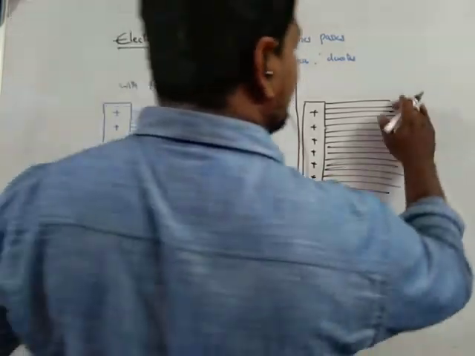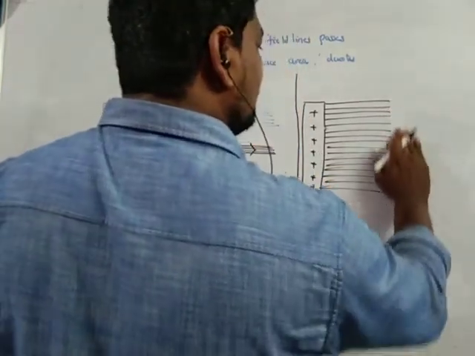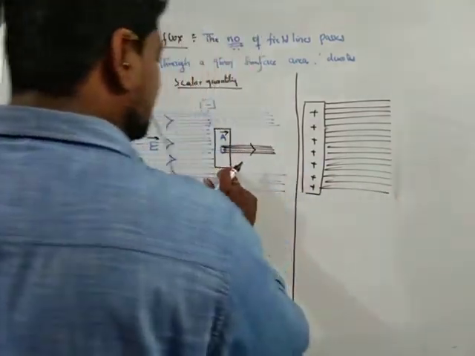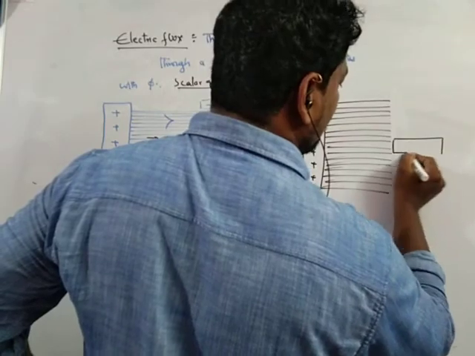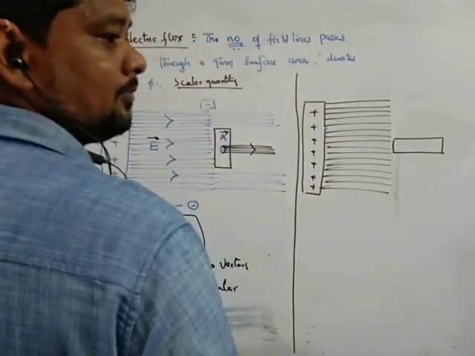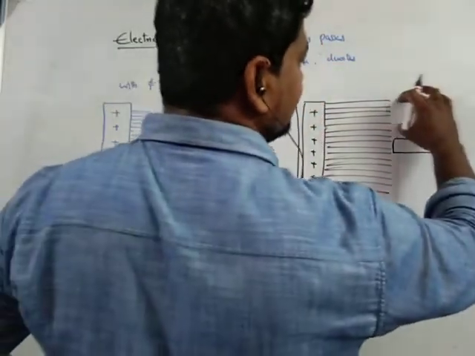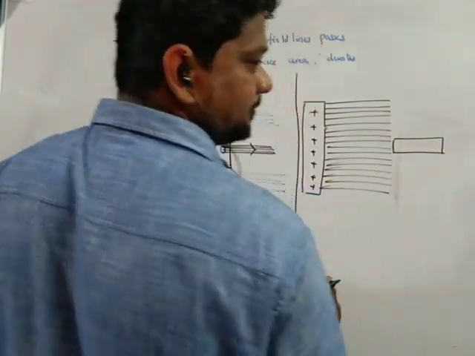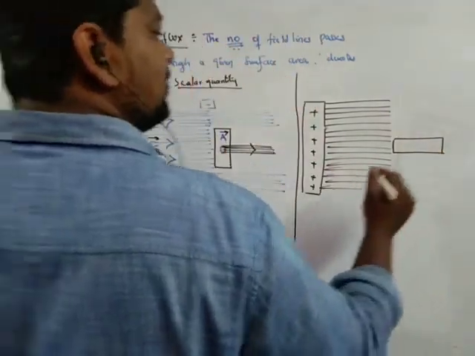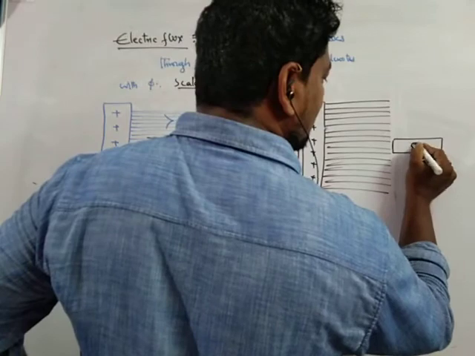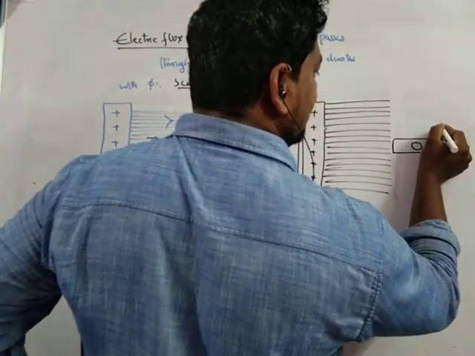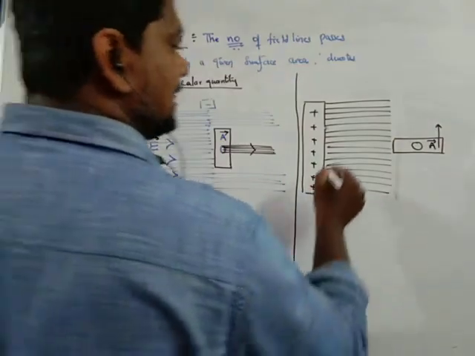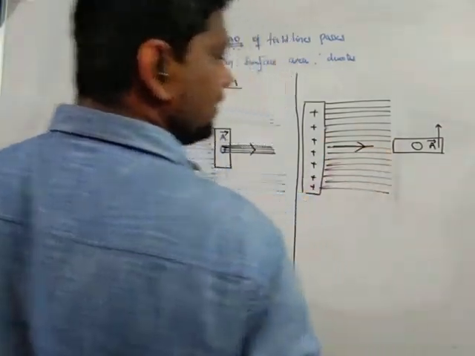Now we will place the substance in this order. In this order means all the field lines will come through this point, and whenever we place a small hole area, the area direction will be upward, and this is the direction of the electric field.